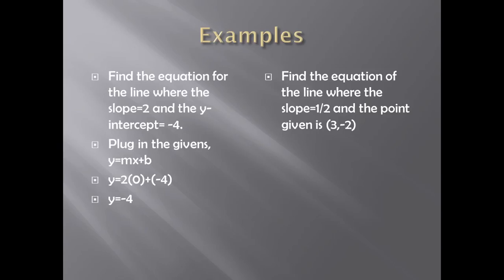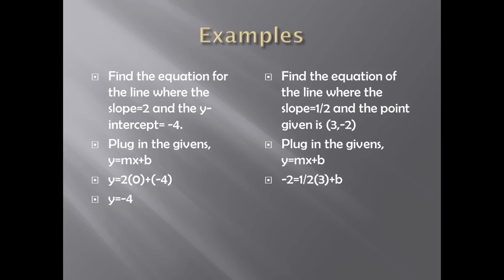So now we have what y equals, but we don't necessarily have what the y-intercept is. So we have to solve for the y-intercept. So again, we plug in our givens. So y equals negative 2, m equals 1/2, x equals 3, plus b, because b is what we're solving for. So we have this.